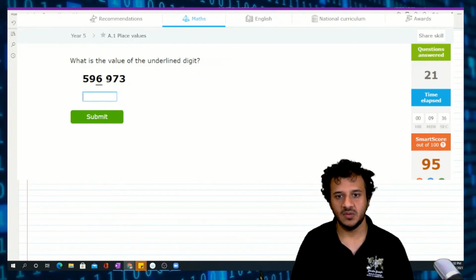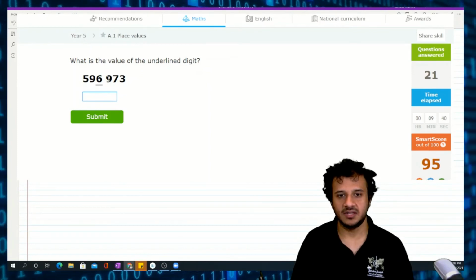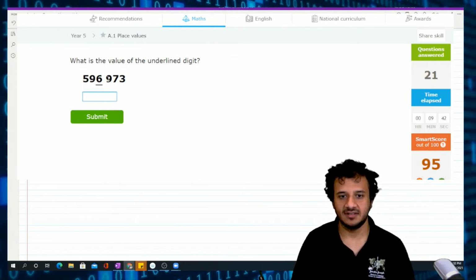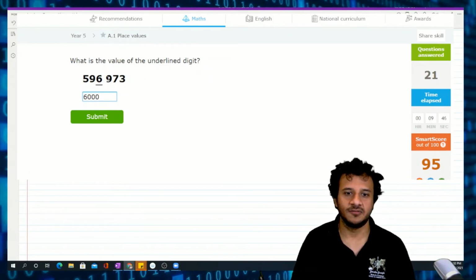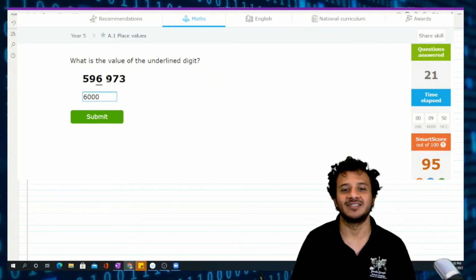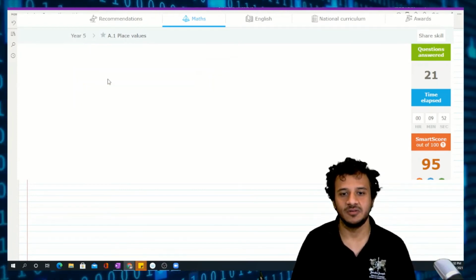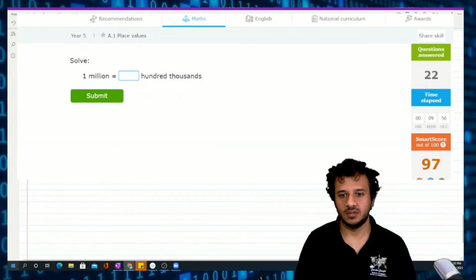What is the value of the underlined digit? What is that? 6 with how many zeros at the back? How many digits are after that? 3 more digits. So that is 6,000. Even if you read it, 596,000, the value is 6,000. 1 million, 1 times million.